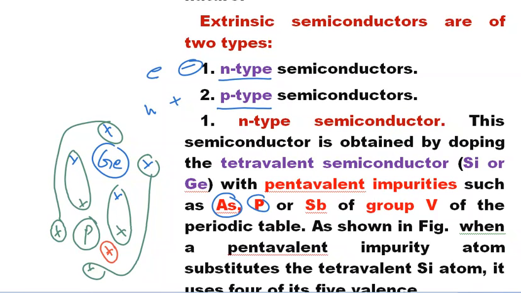Hence per doping nucleus, one electron is left for carrying charge, so the number of charge carriers increases here. As a whole, the number of negative charge carriers is more in an n-type semiconductor.